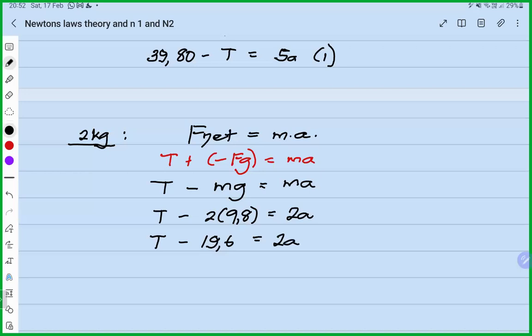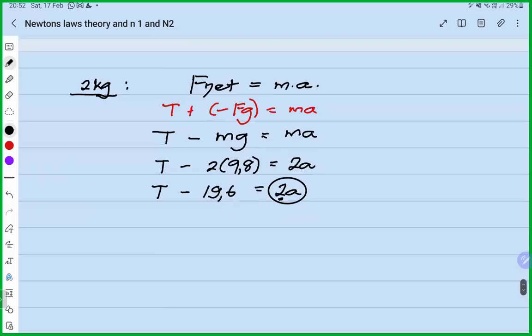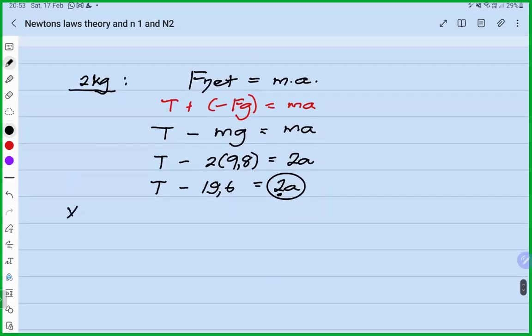Now, the trick is to get 5A in both the equations. This requires a little bit of skill on your part. You need to decide what you need to multiply 2 by to end up with 5, and the answer is 2.5. So you multiply the second equation by 2.5.